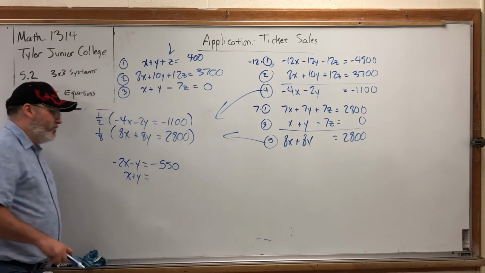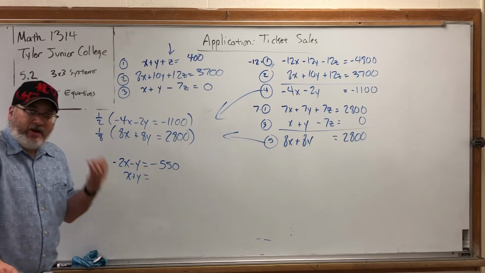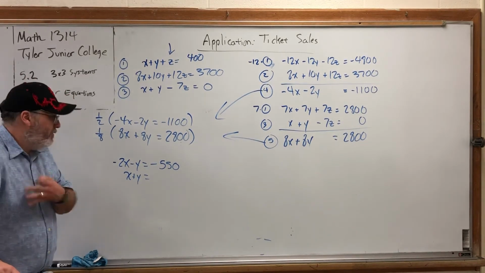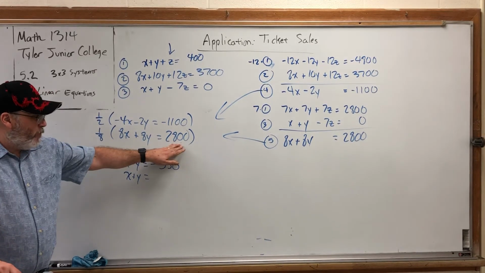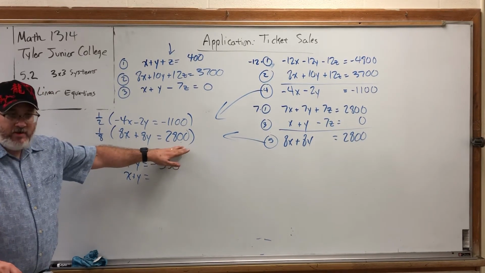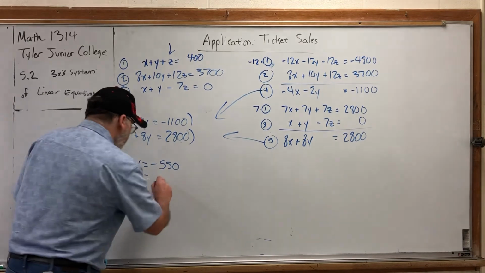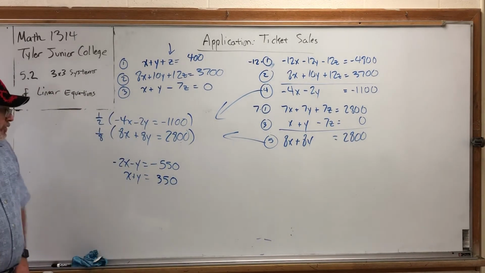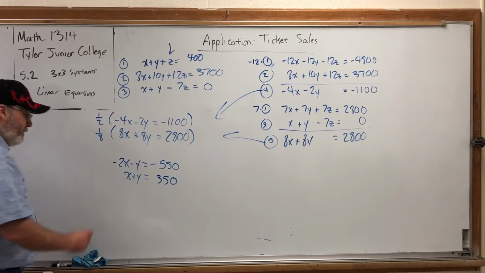And here's a trick for dividing something by 8. You cut it in half, and then cut it in half again, and again. Half of 2,800 is 1,400, half of that is 700, half one more time is 350. Don't believe me? Get out your favorite calculator and divide 2,800 by 8, and it will tell you 350.